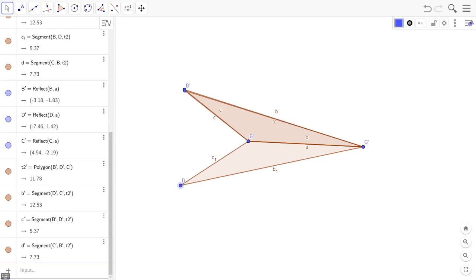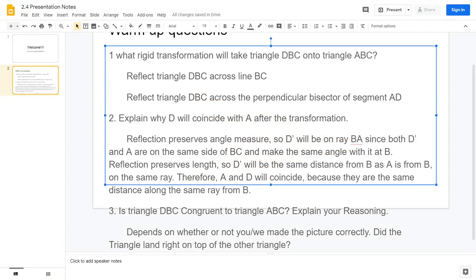If you made the picture correctly, then it'll line up. If you didn't, try dragging that point D around. It might be a different letter for you, but try dragging that point around and see if you can make them congruent. Okay? So that's all we were doing for that one.